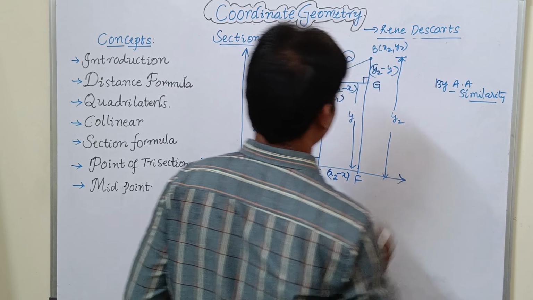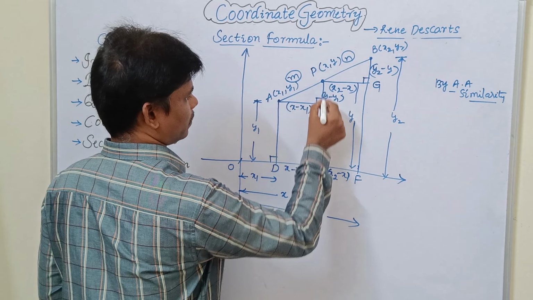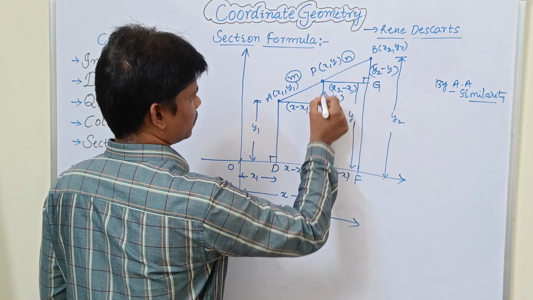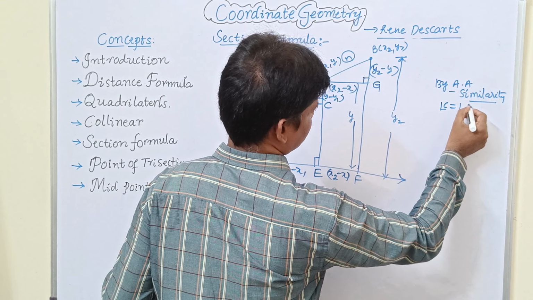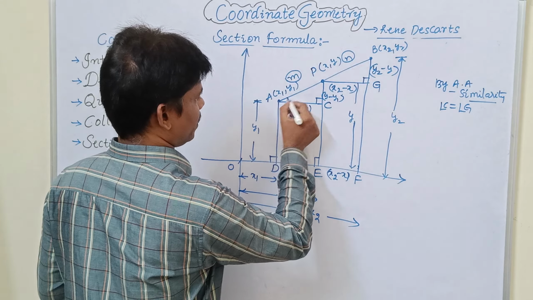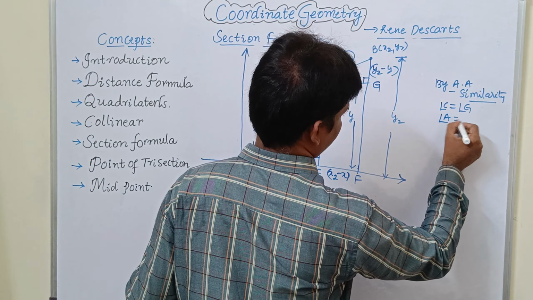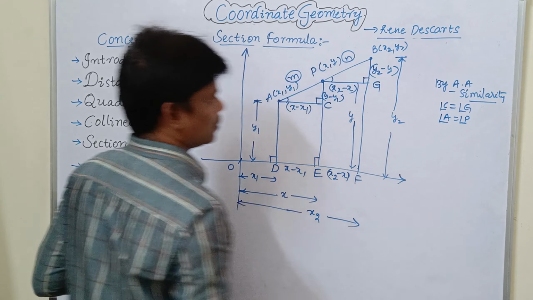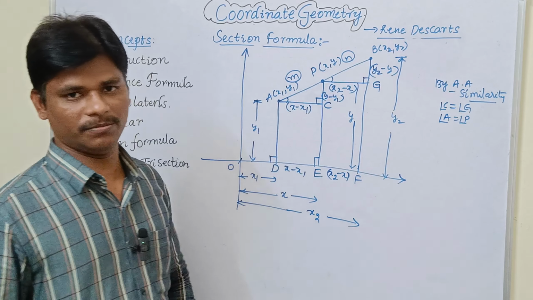By AA similarity means, see here, angle Z is equal to angle C, and angle A is equal to angle P. So these two triangles are similar by AA similarity.